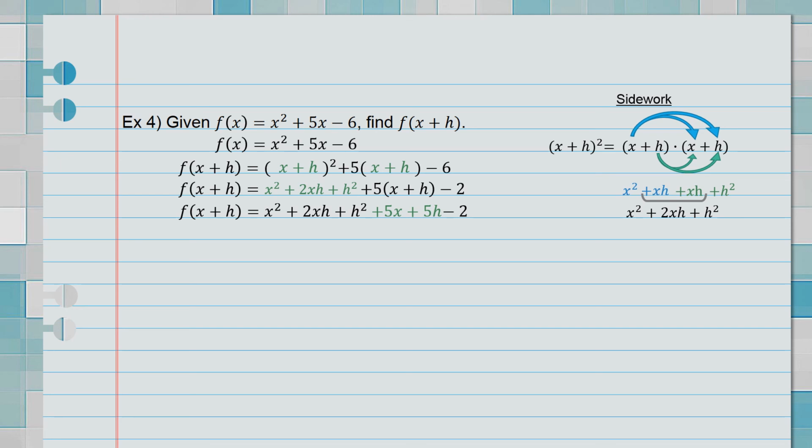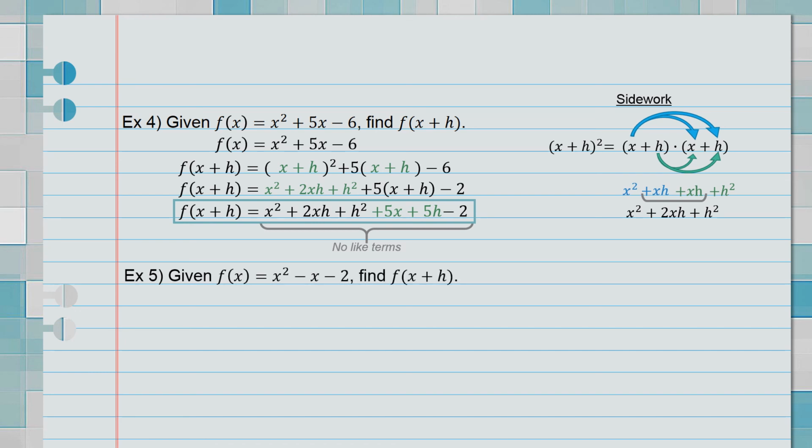No. How about an h? No. And what about a constant? No. It turns out there are no like terms. So that actually is your final answer. F of x plus h equals x squared plus 2xh plus h squared plus 5x plus 5h minus 2.